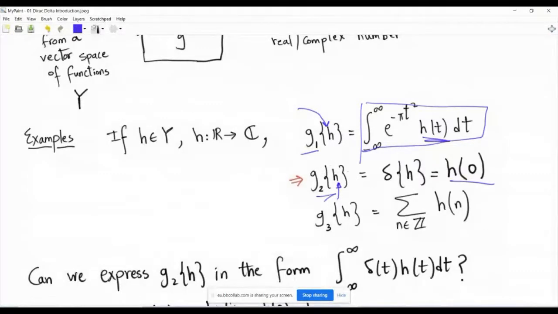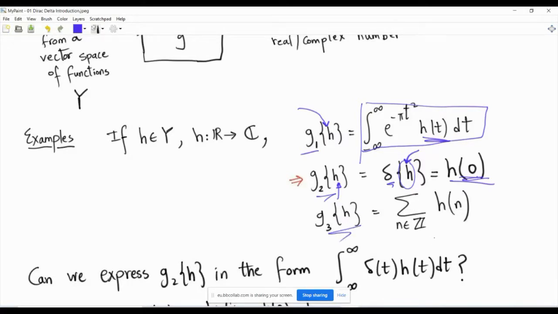This is the delta. Here I'm understanding delta as a functional. You feed it a function, and it responds with the value of the function at 0. This will be a scalar, real or complex, depending on the codomain of function h.